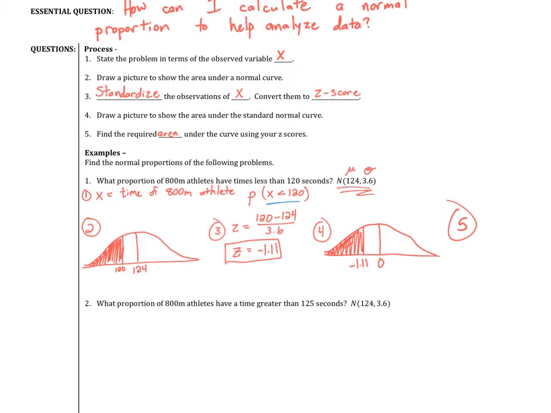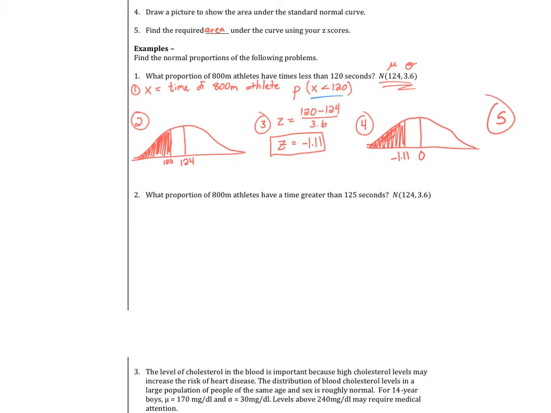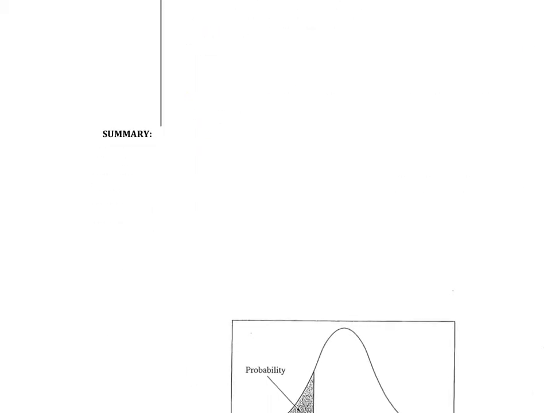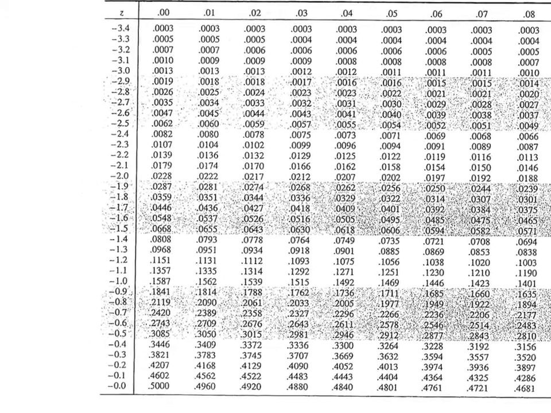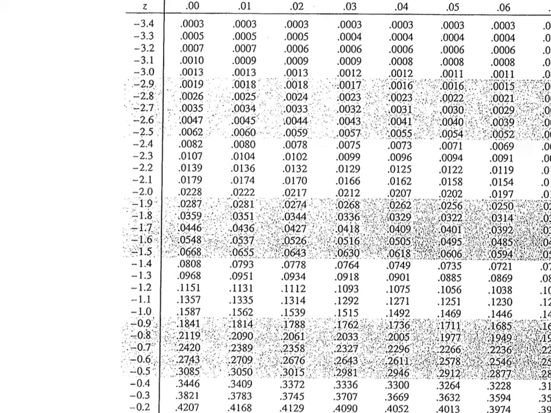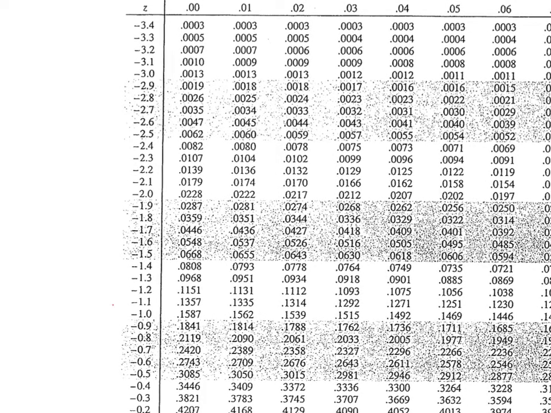So in step 5, we're going to find out that probability. Step 5, find the area under the curve using your z-scores. So what we have to do now is use our z-table, or z-score table, which I actually have at the bottom here. So we're going to find the value for negative 1.11. So way down here in this table, here's negative 1.1.